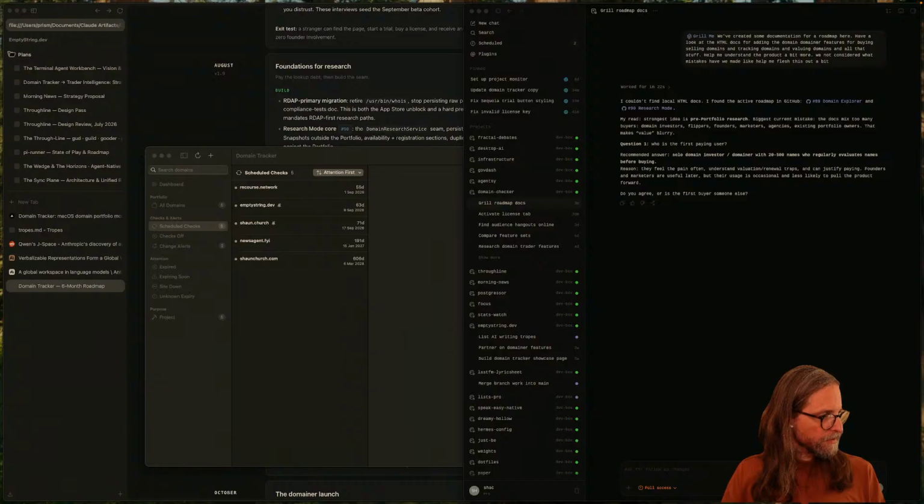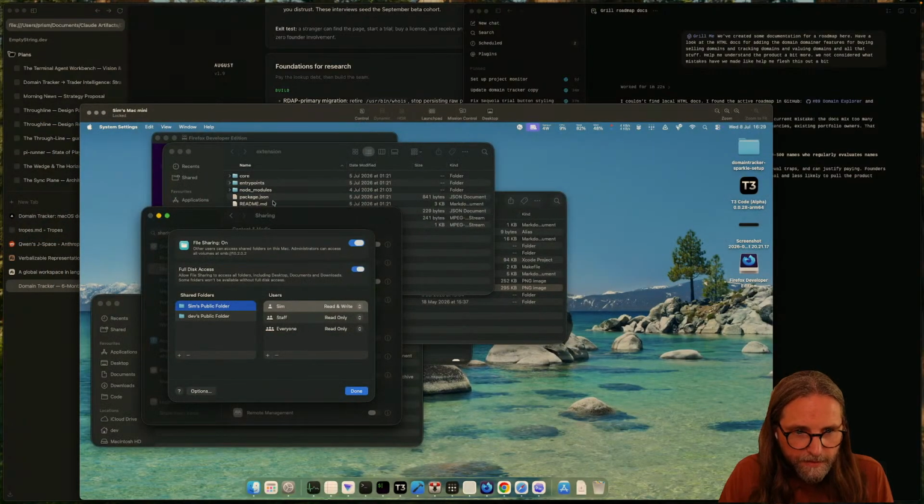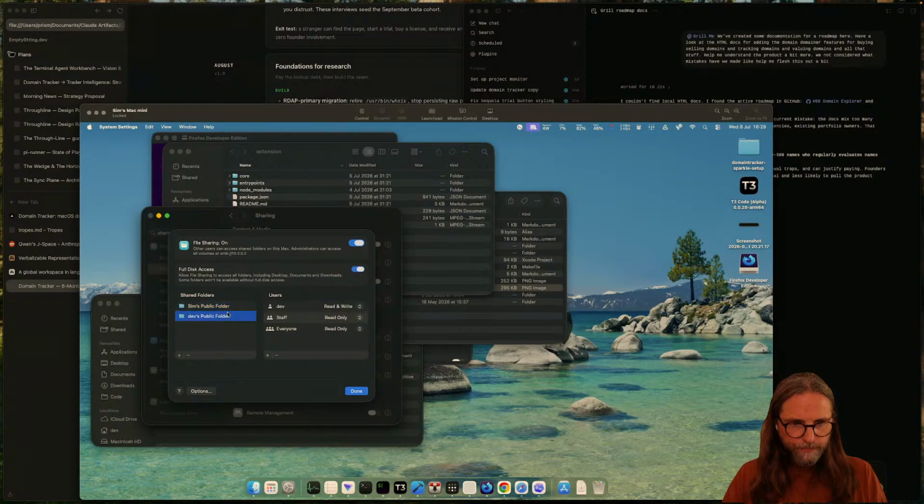Is the settings wrong? Oh, I have to set it. Look at this. I am dev, this is me.